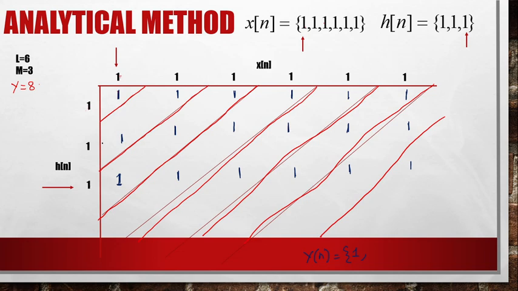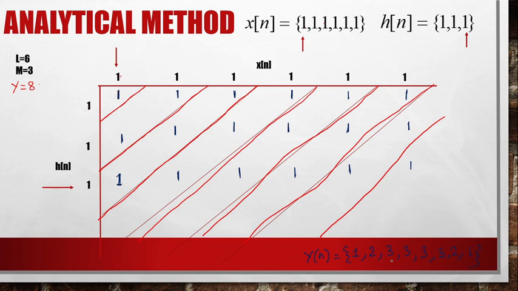Section-wise, add the values of these elements. So you are getting 2. Next 1, 1, 1, so you get 3. Then again 3, then 3. Then 3, 2, 1.